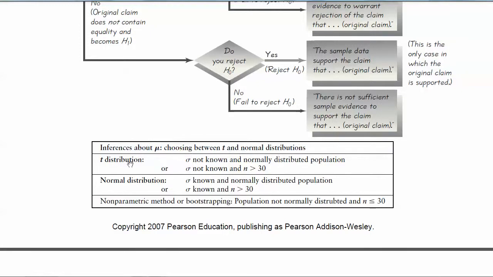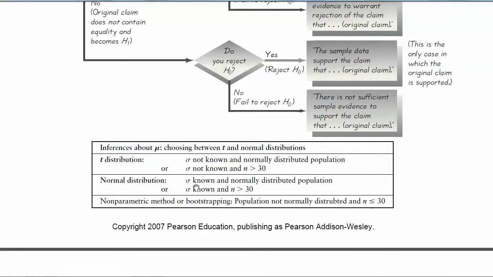We use the t-distribution when sigma, remember what that is? Well, you can go to the symbols page for that, which is also approved. Sigma, the population standard deviation, is not known, and the parent population is normally distributed, or when sigma is not known and our sample size is greater than 30.